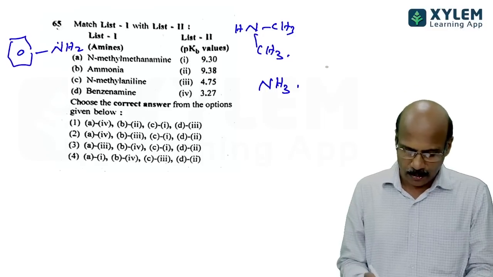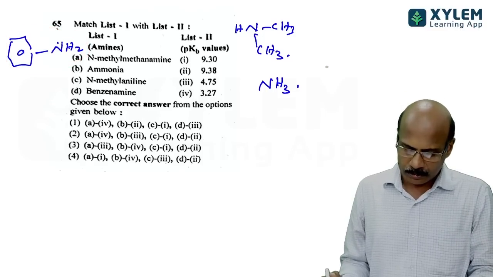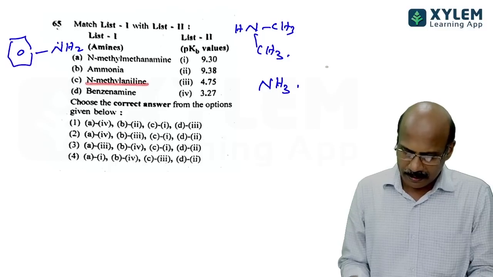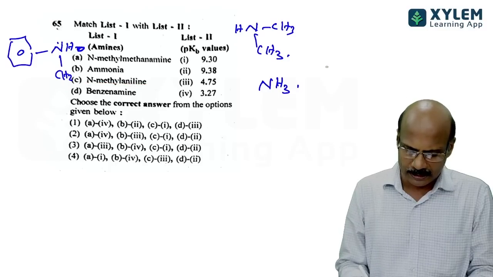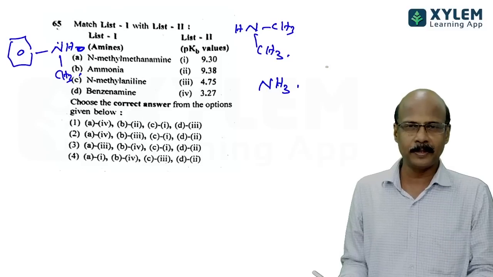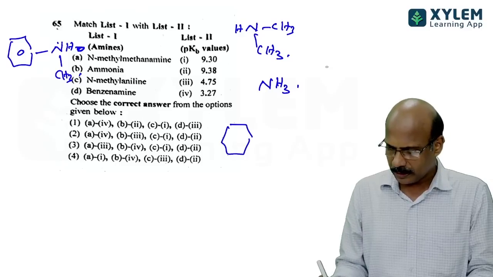What about option C? They say N-methyl aniline. If you consider N-methyl aniline, its basic nature is slightly higher. So the lowest basic property goes to aniline, that is benzenamine.